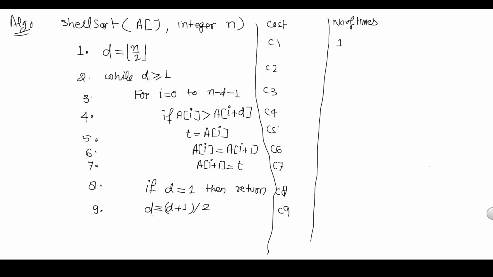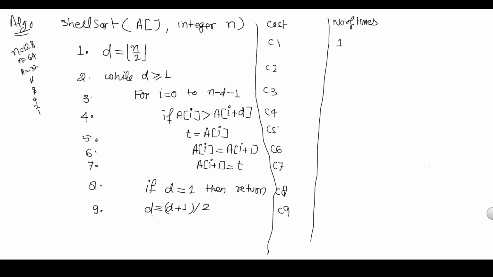This will execute log n times, because each time, suppose n is 128, next time n will be 64, then half again, because we have said earlier that the value of n will be halved after each pass. So this will be 32, then 16, then 8, then 4 to 1. So this is coming out to be log n.